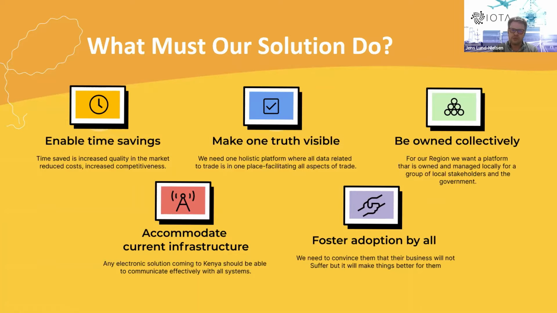And the importance here was to make one truth visible. That means, and this is how we use the technology, if you put some data into the technology, that data cannot be altered by somebody else. But you also allow those who have permission to see that data. So let's say I say the container is at one spot.